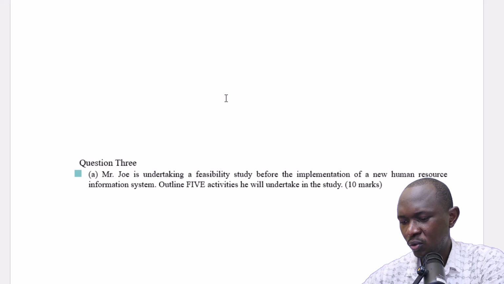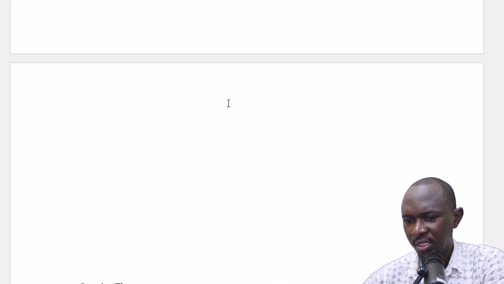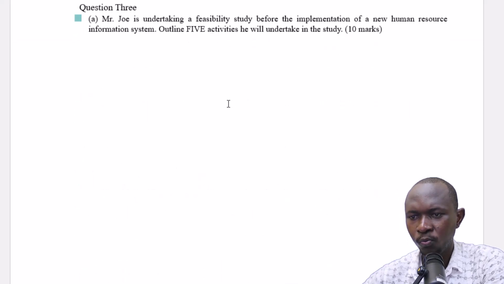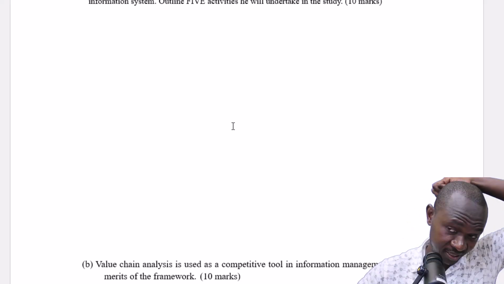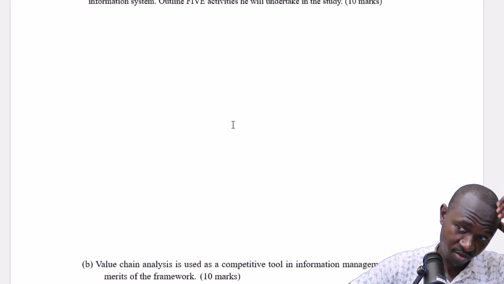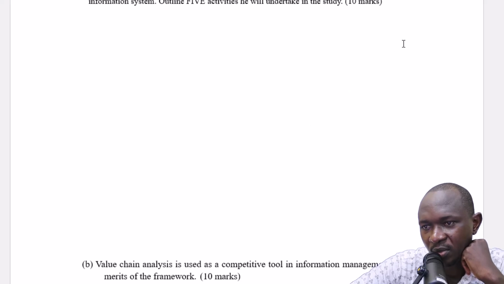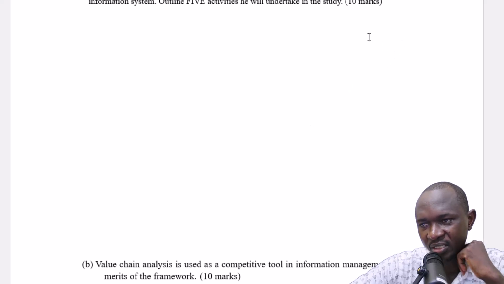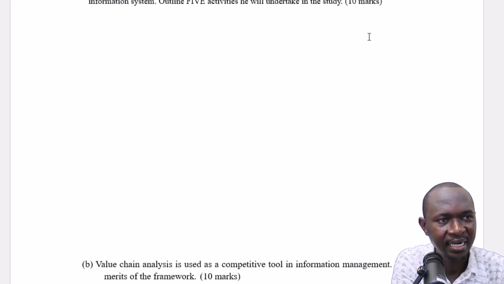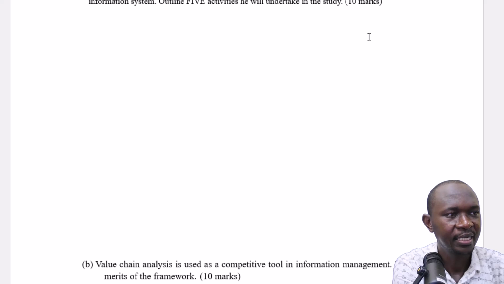The question goes like this: Mr. Joe is undertaking a feasibility study before the implementation of a new human resource information system. Outline 5 activities he will undertake in the study.